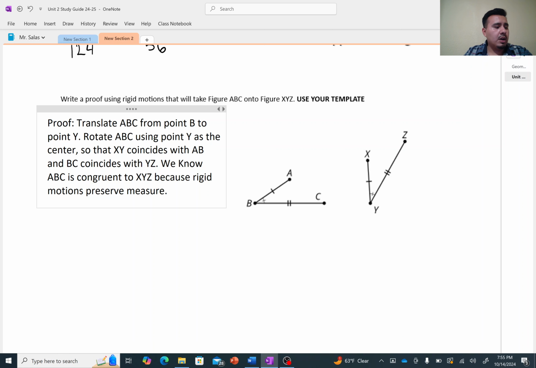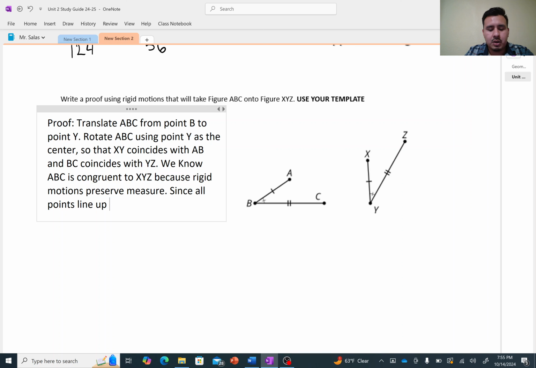So now I get to write my concluding statement that says, therefore, oh, sorry, let me change it up. Let's make it sound more complete. So I'll say since all points line up, triangle, let's just put ABC.